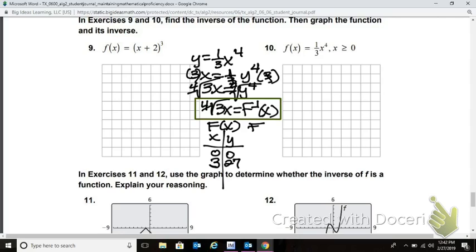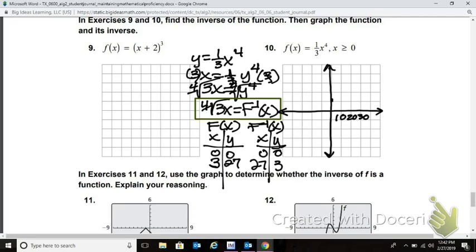Okay, so then our inverse table is just going to be the opposite. So 0, 0, and 27, 3. I think what I'll do here is just count by tens. 10, 20, 30, so on.